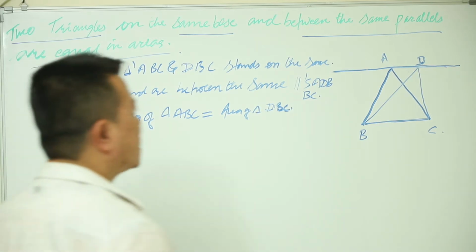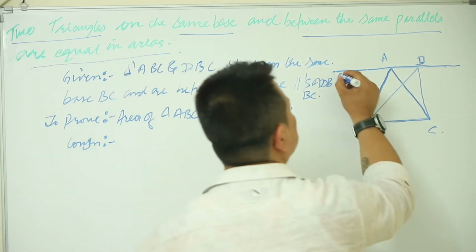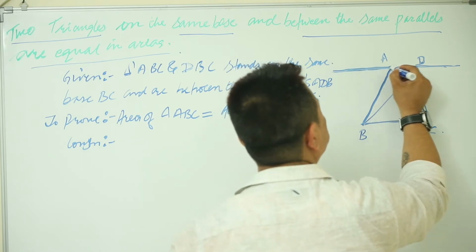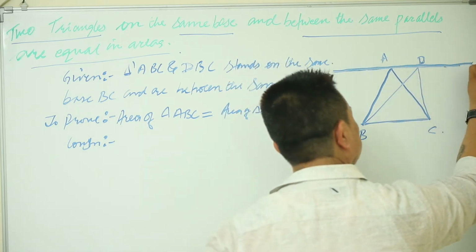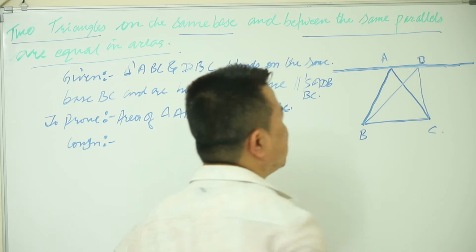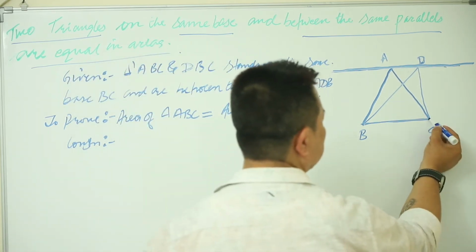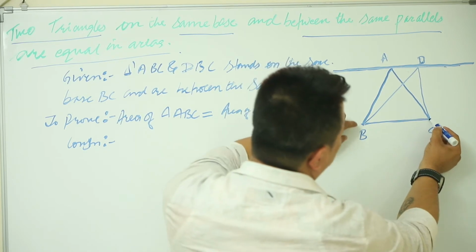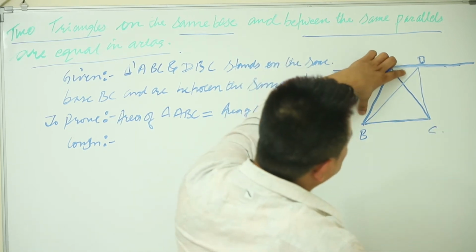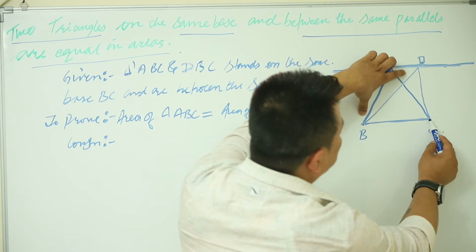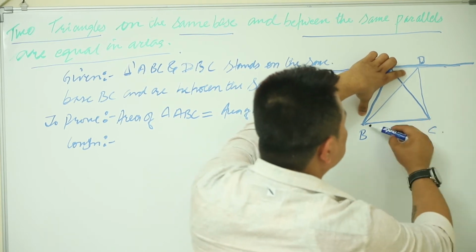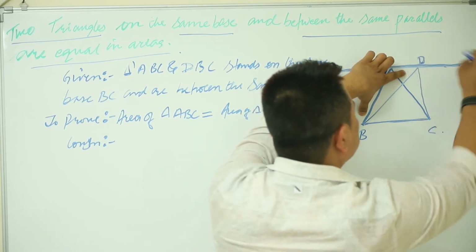What do you have to do in the constructions? Now, this line AD is already parallel to this line BC. Now from here you need to make constructions. From this point C, draw a line parallel to BD, which meets this parallel at a certain point.